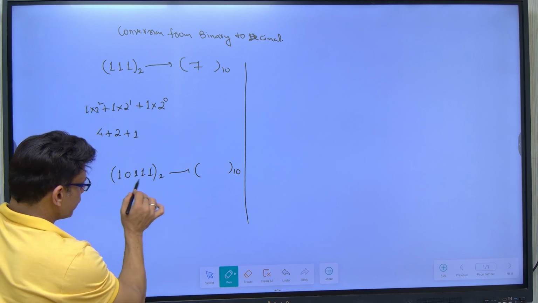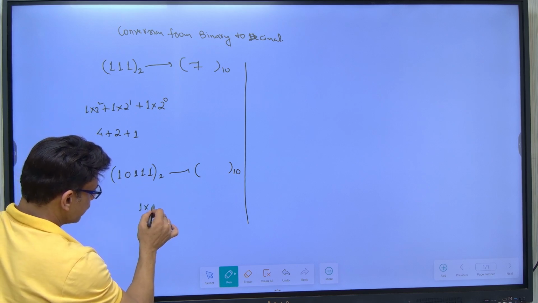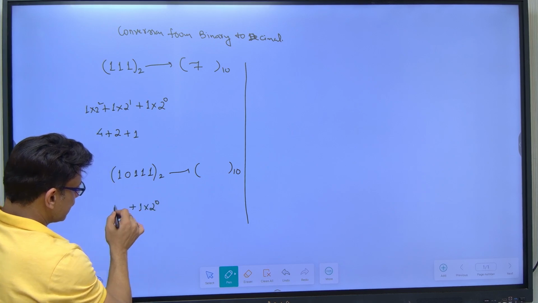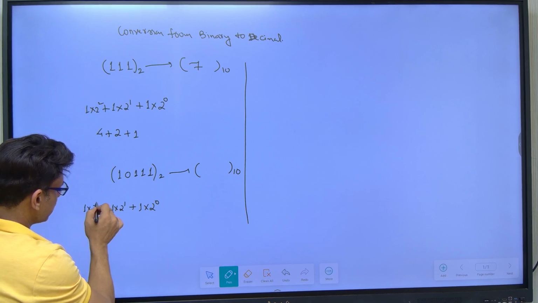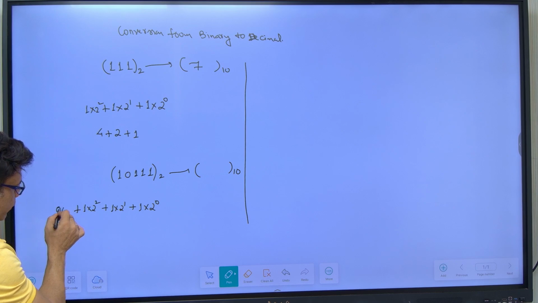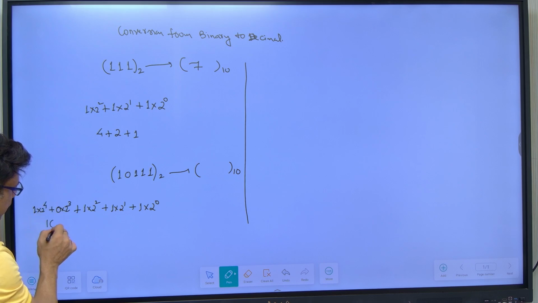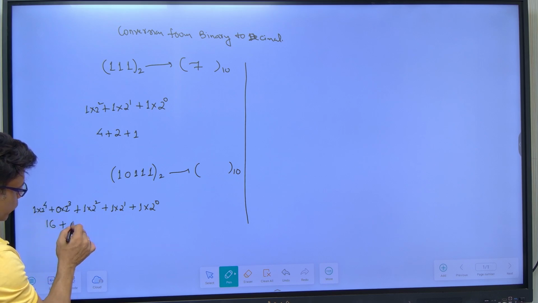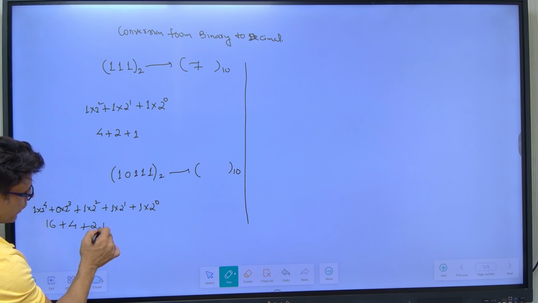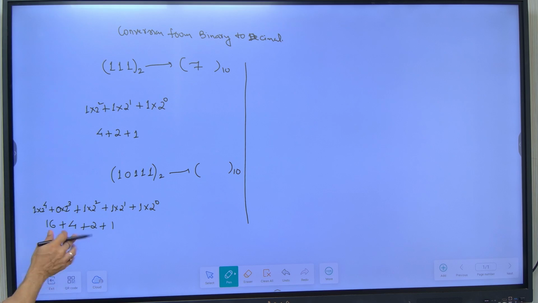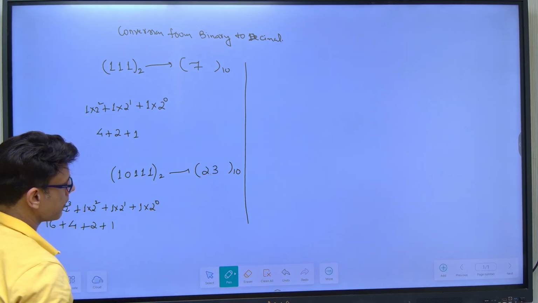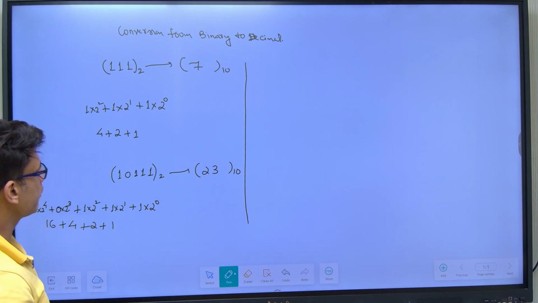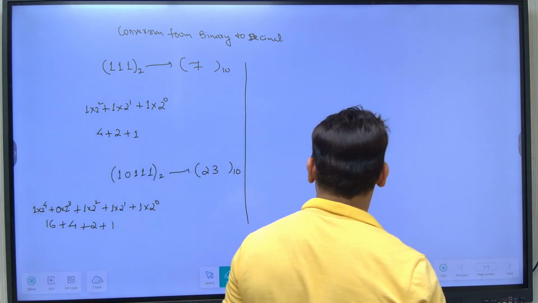So again, start from here: 1 into 2 raised to the power 0, then 1 into 2 raised to the power 1, plus 1 into 2 raised to the power 2, then 0 into 2 cube, then 1 into 2 raised to the power 4. Now this is 16, this is 0, 2 square 4, this is 2, and this is 1. So 16 plus 4, 20, plus 2, 22, plus 1, 23. That is how you convert a number from binary to decimal.